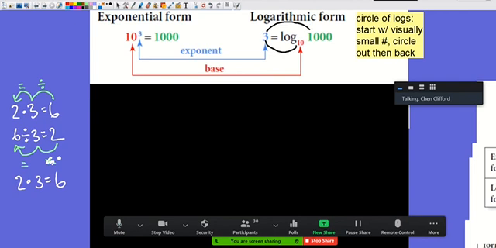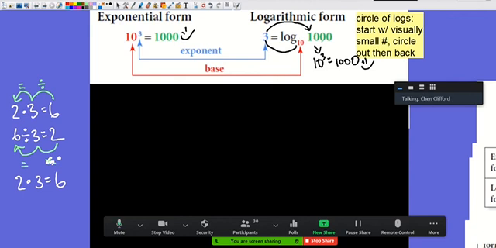If you follow the arrow, this becomes 10 to the power of 3 gives you 1,000. This matches the original, so you know you rearranged it correctly.